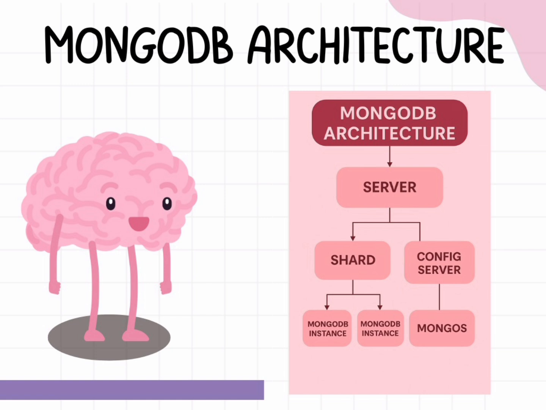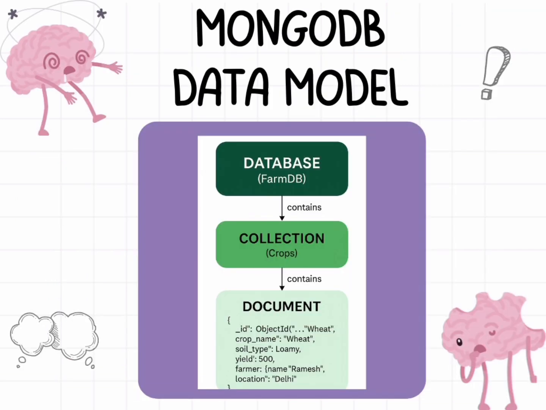This distributed architecture allows MongoDB to handle huge amounts of data efficiently. MongoDB organizes data into databases, collections that are similar to tables, and documents that are similar to rows but stored as JSON-like structures. Each document can have a different set of fields, which gives MongoDB its schema flexibility.